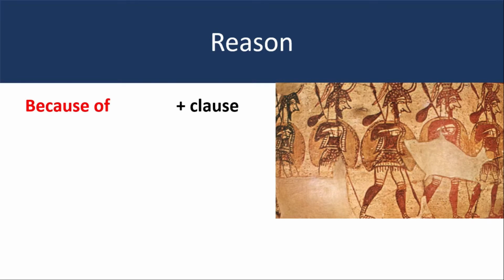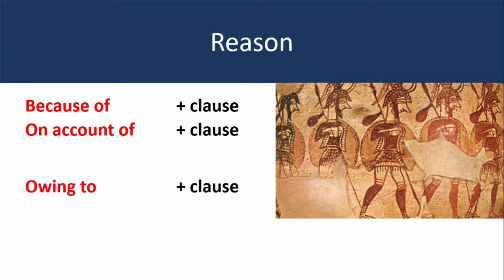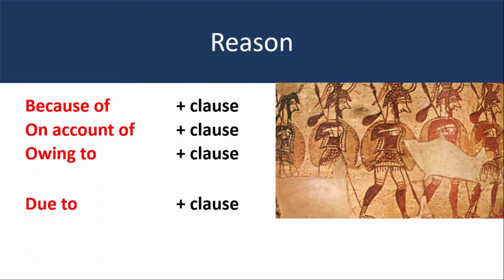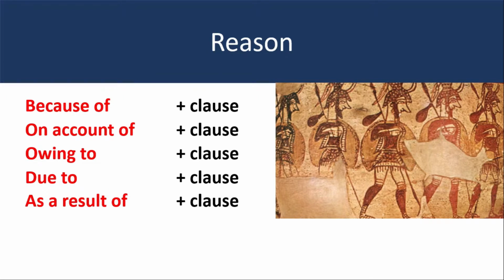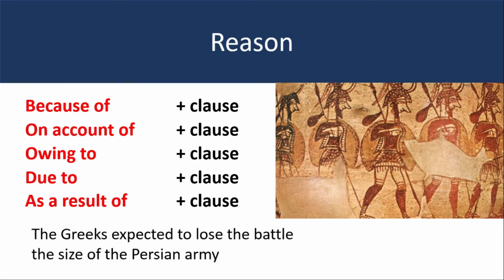Because of plus a noun is another way to express reason. On account of, owing to, due to, as a result of. The Greeks expected to lose the battle owing to the size of the Persian army.